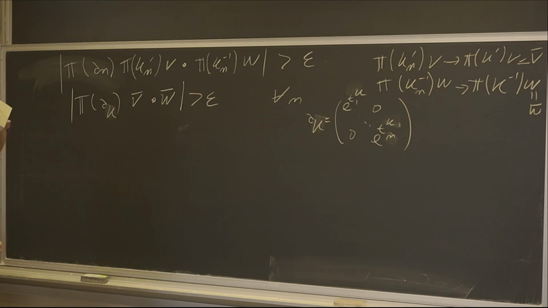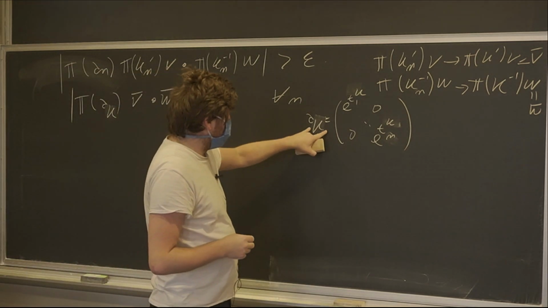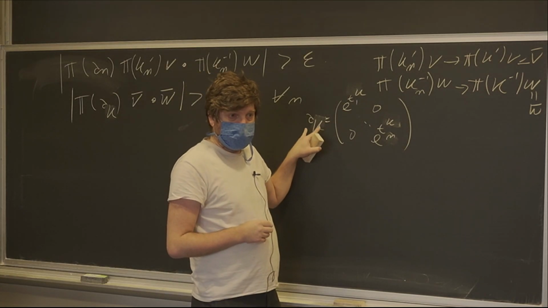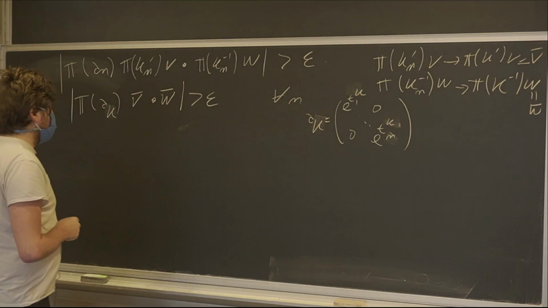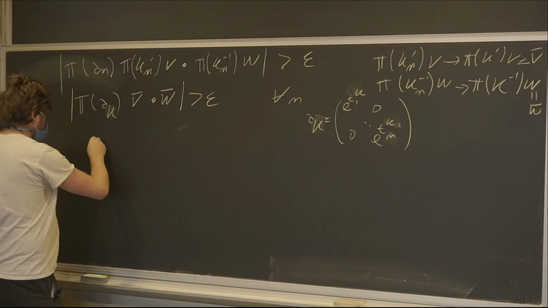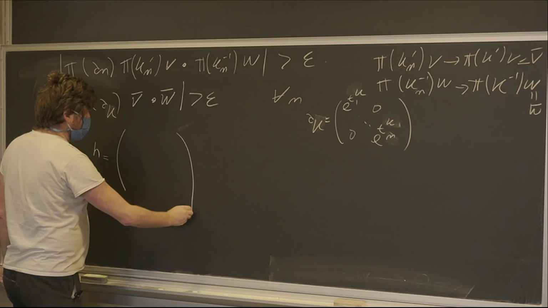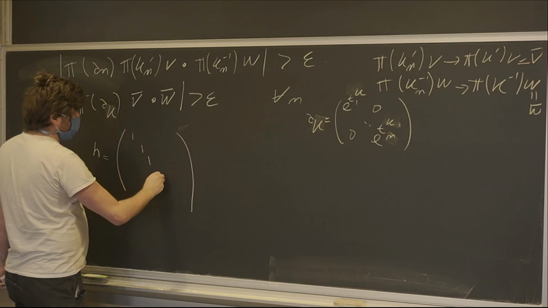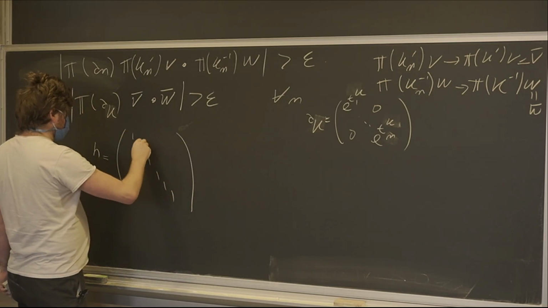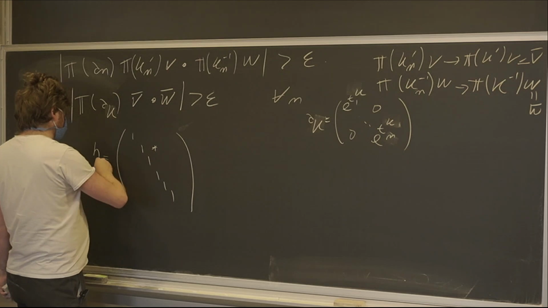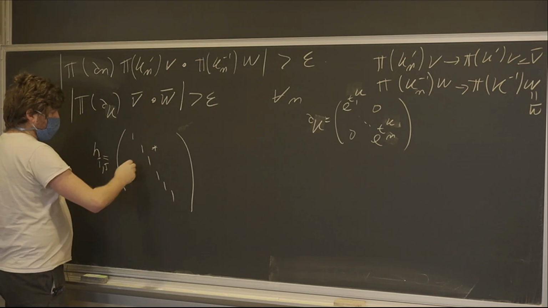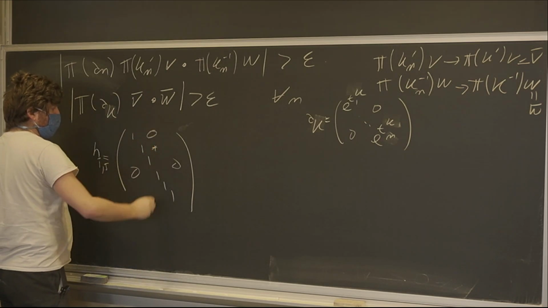Now we saw who are the guys playing the h form. We take this type of h, which has some non-trivial entry in the ij direction, and the rest is 0.